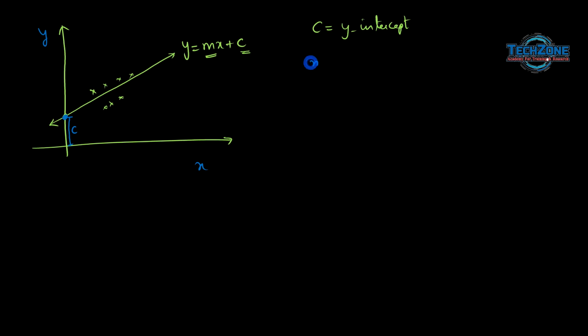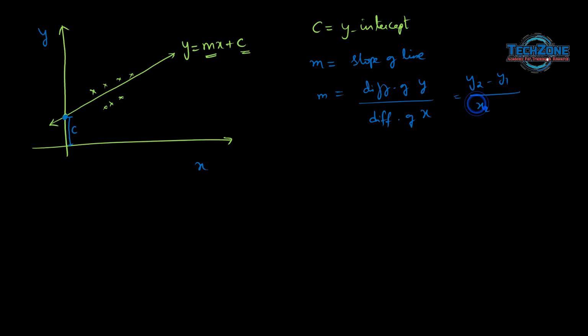Now what is the value of m? m is the slope of the line, and it is calculated using this formula, that is the difference of y values divided by the difference of x values, that is y2 minus y1 by x2 minus x1.